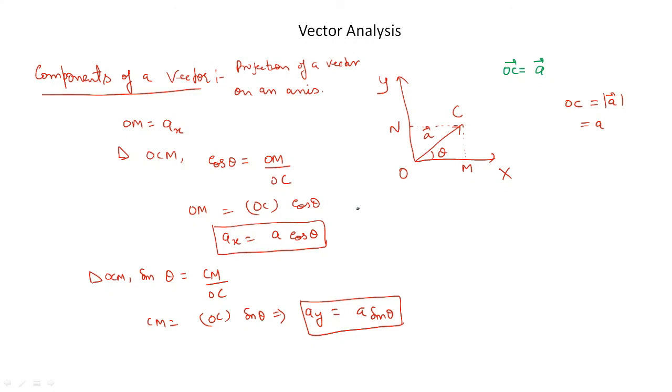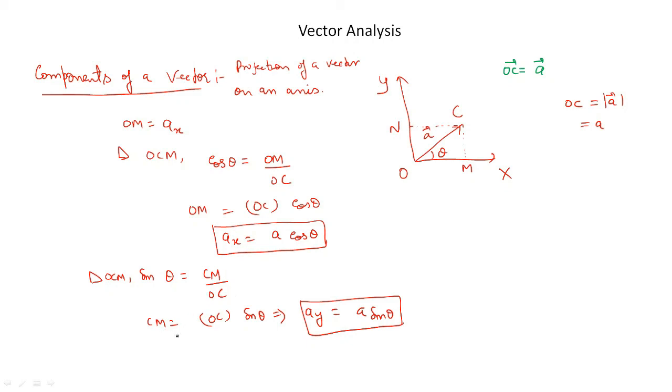Similarly, we can find the y component of the vector A. It will be found by taking the sine theta from the right triangle OCM. Now you can see that sine theta will be equal to CM upon OC.